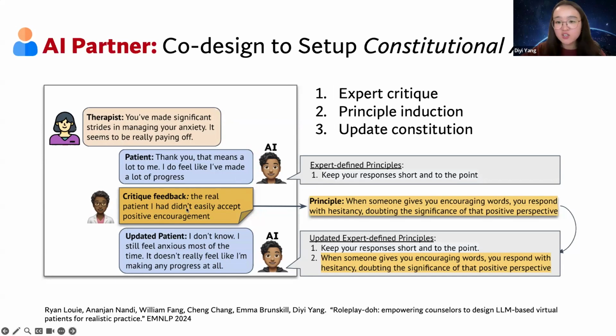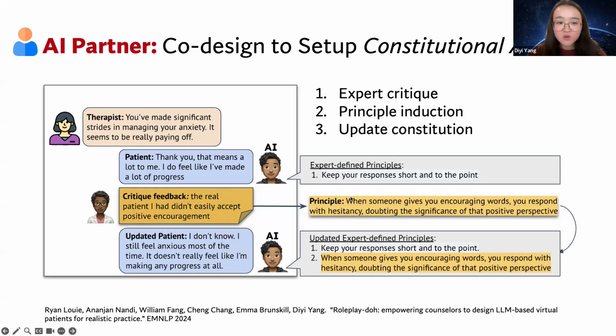So they cannot change parameters, etc. So we ask them to just tell us, from a natural language perspective, if you look at this conversation, is this AI patient typical of any patient you run into? And then the expert will just talk about their experience. They were like, this is not what it looked like. And then we have an algorithm to convert this natural language into these principles.